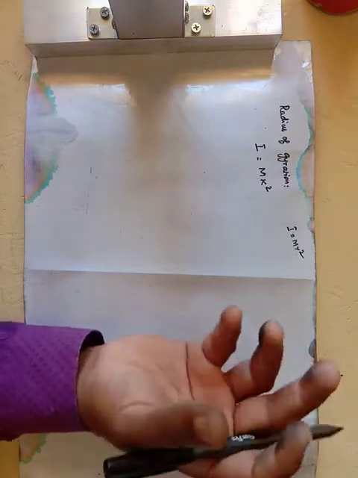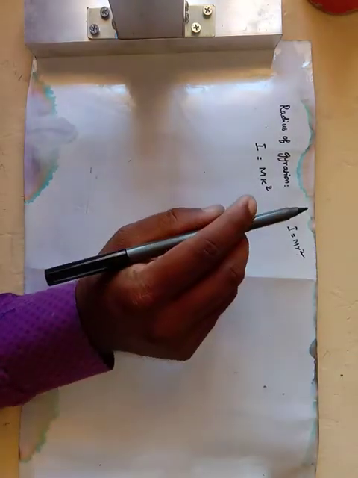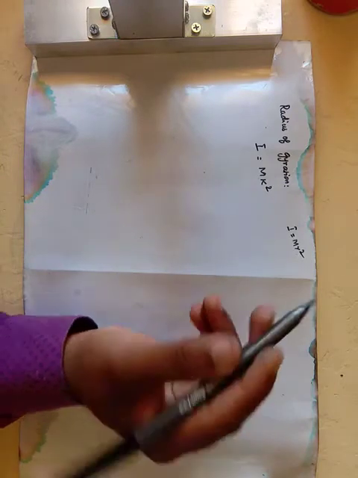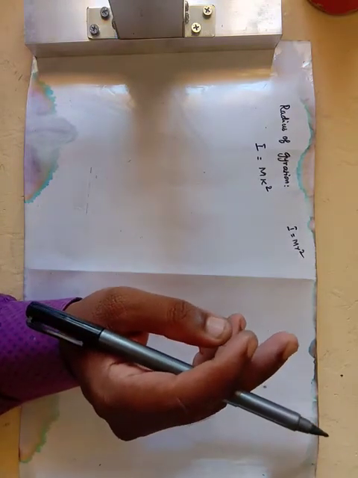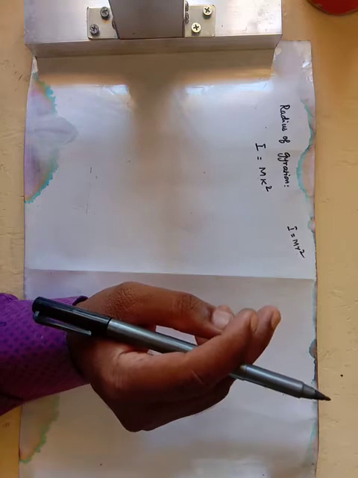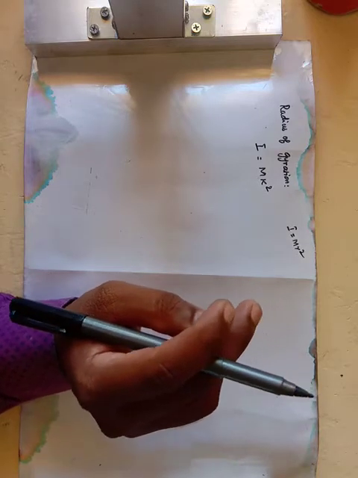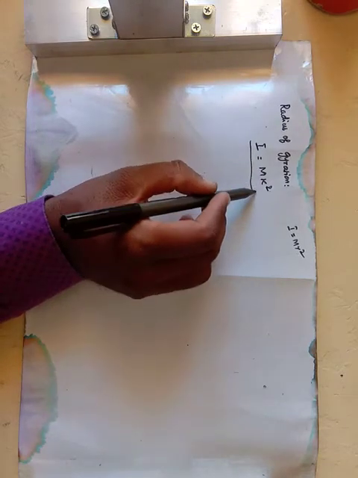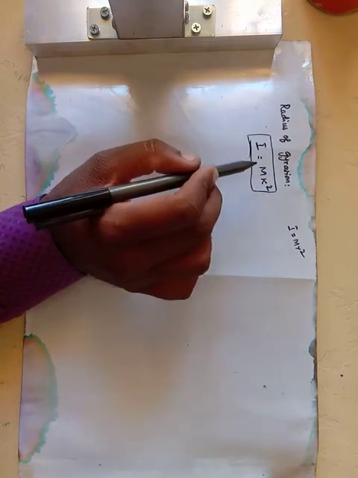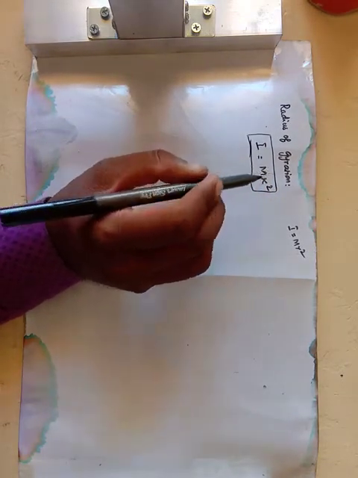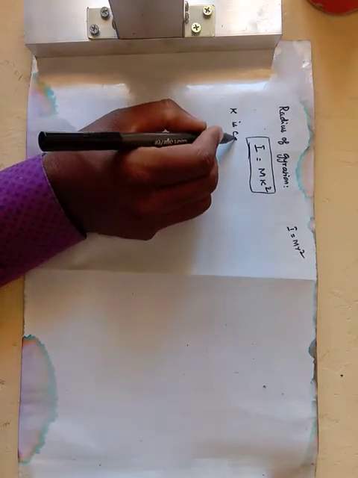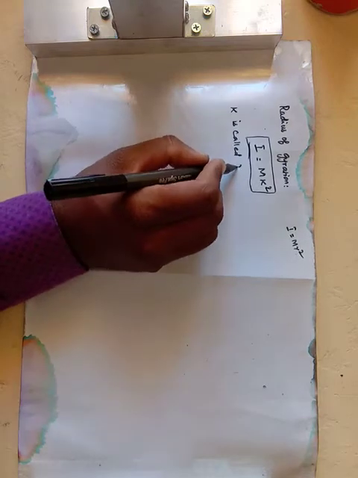For such an object, we need to give the expression using the general formula, I = Mk². Here k is called the radius of gyration.